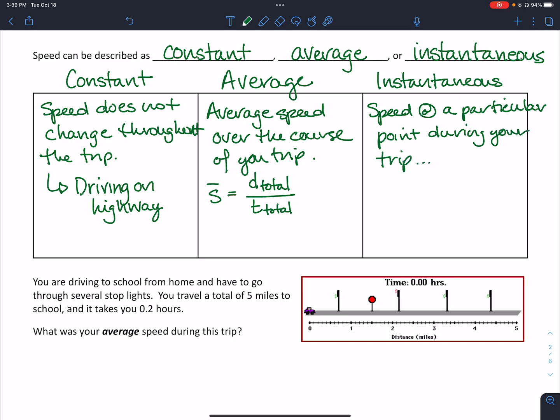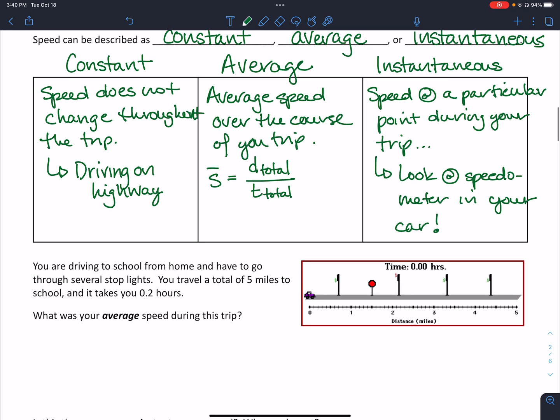It can be changing throughout, but the easiest way to determine your instantaneous speed is to look at the speedometer in your car. If you're driving down the highway and you glance down at your speedometer and you see that it reads 50 miles per hour, then that is your instantaneous speed at that exact time.